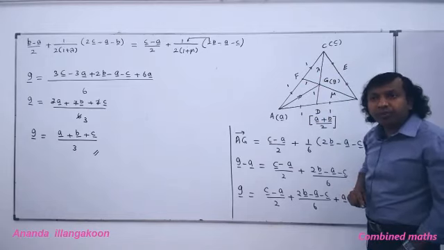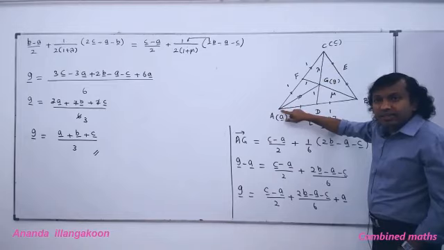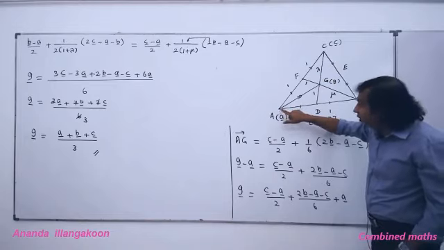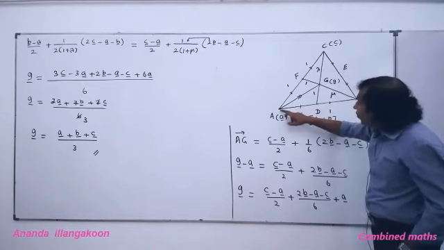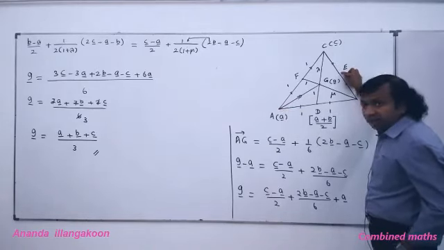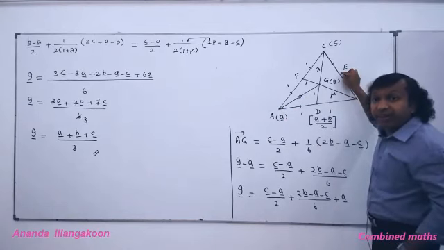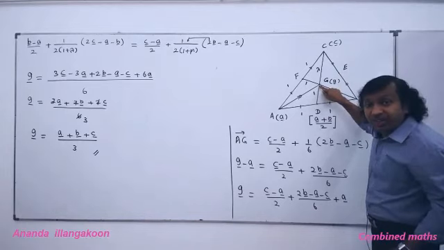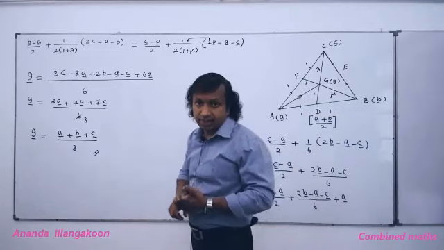Another thing we have to find, people: when we draw the next median, that is the median joining A and E, where E is the midpoint of this side. When we join A and E, we have to prove that the AE line definitely passes through the point G. Then only the three medians will be concurrent.